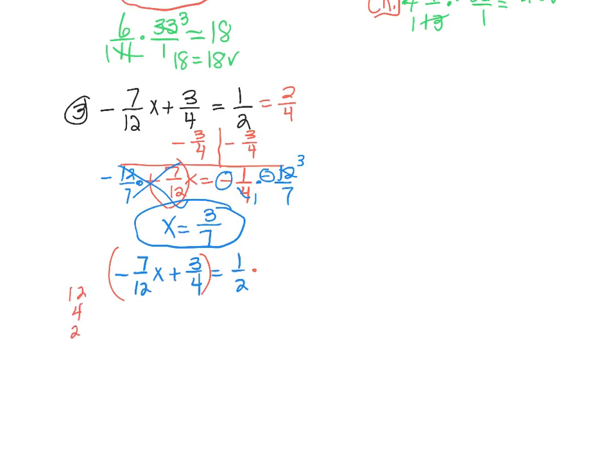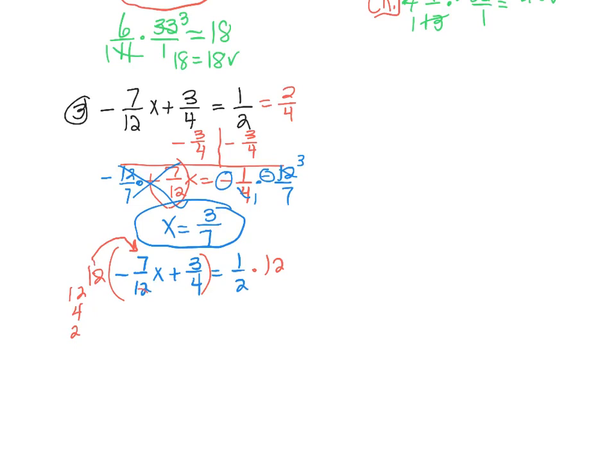It really doesn't even matter if it's the least common denominator, any common denominator works. I'm going to use 12, so I multiply both sides by 12, and we have to use our distributive property here. That's 12 over 1, and the 12s cancel here, and I'd have 1 there.